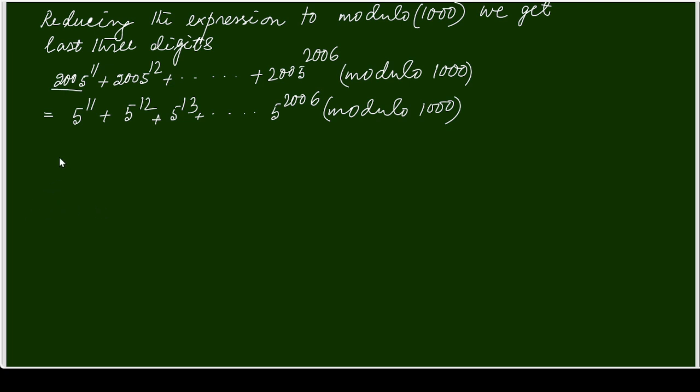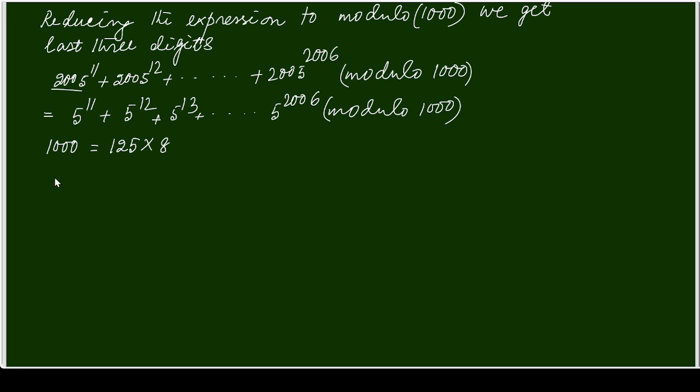Now let us see the factors of 1000. 1000 is the product of two co-prime factors, that is 125 and 8. So first we will express this in modulo 125, then modulo 8, and we will solve it.